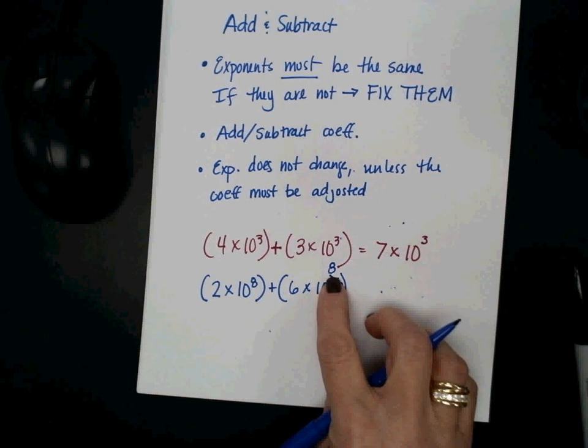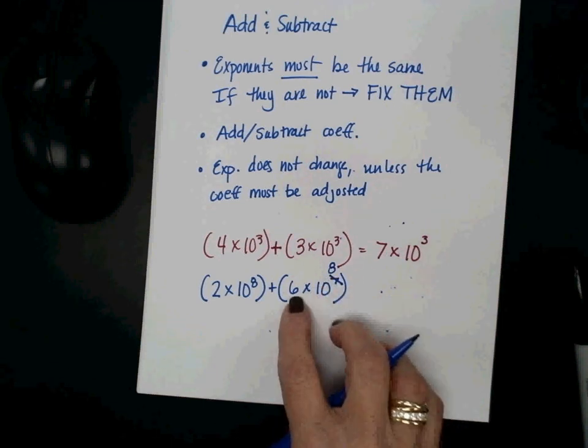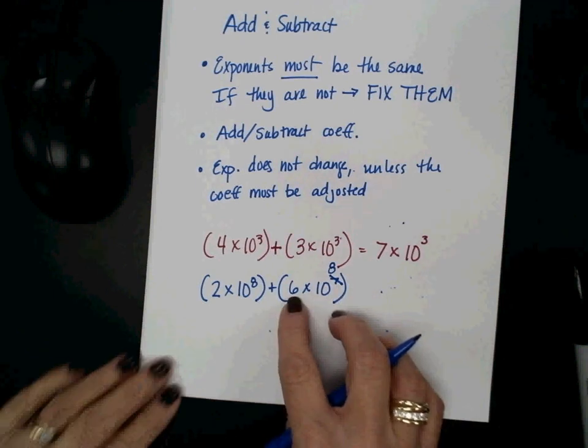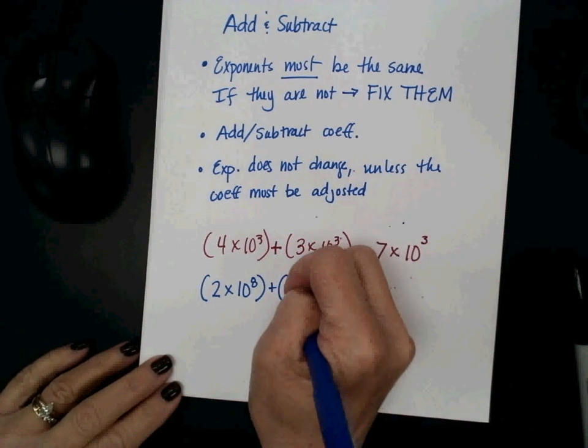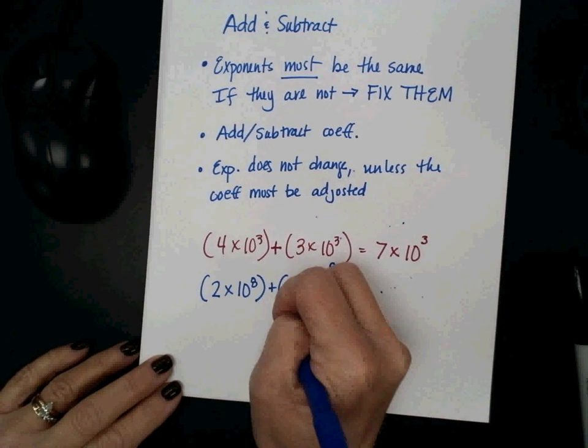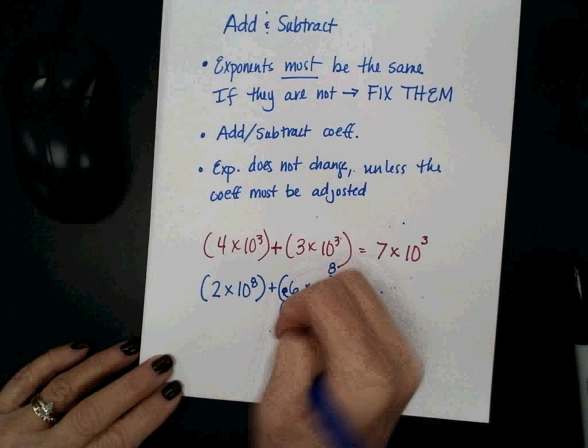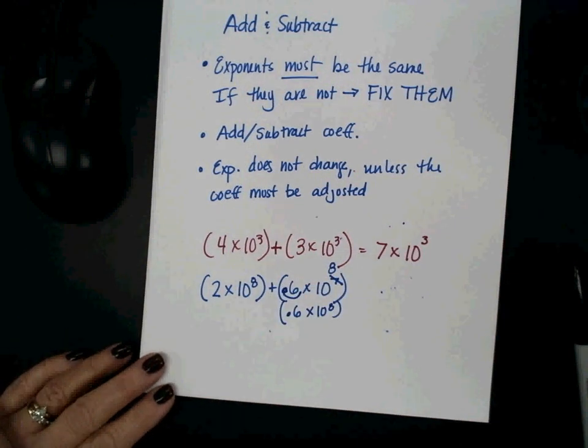I made my 10 larger by 1/10 place, which means I have to make my coefficient smaller by 1/10 place. Whatever I do to this, I have to do the opposite to my coefficient. So here's my decimal. I move it over here, and this becomes 0.6 times 10 to the 8th.